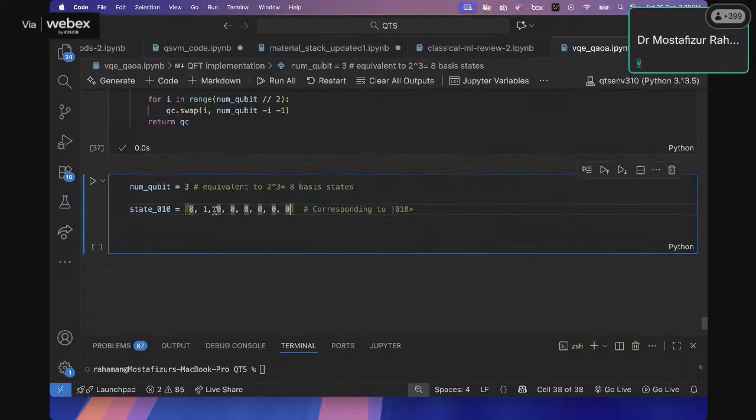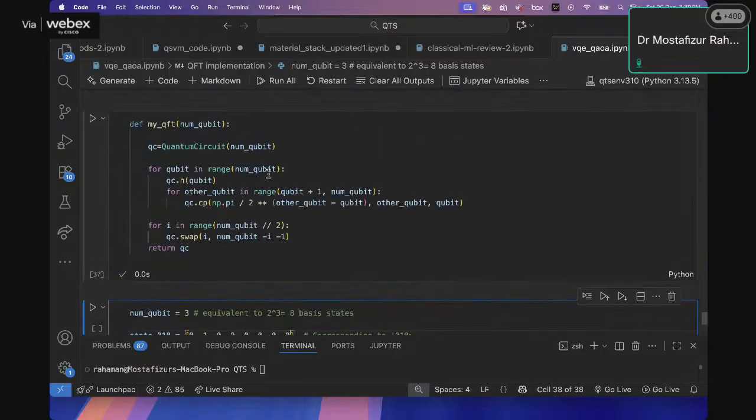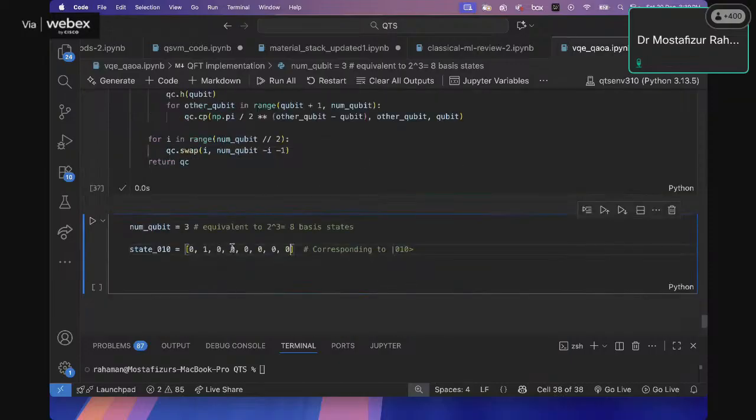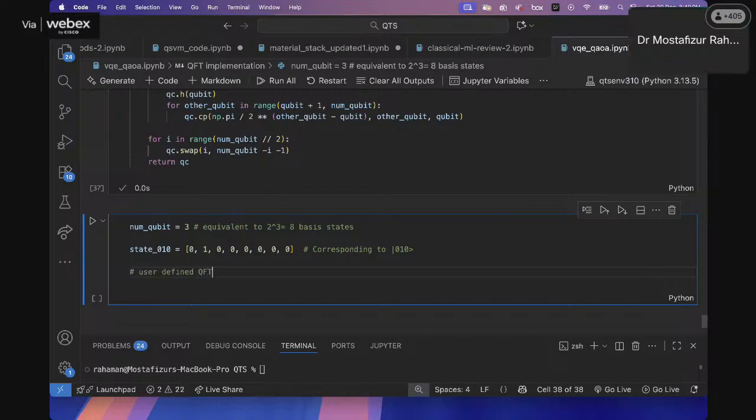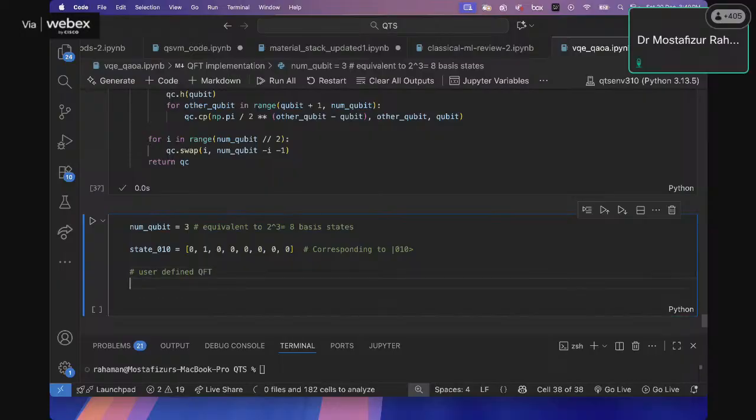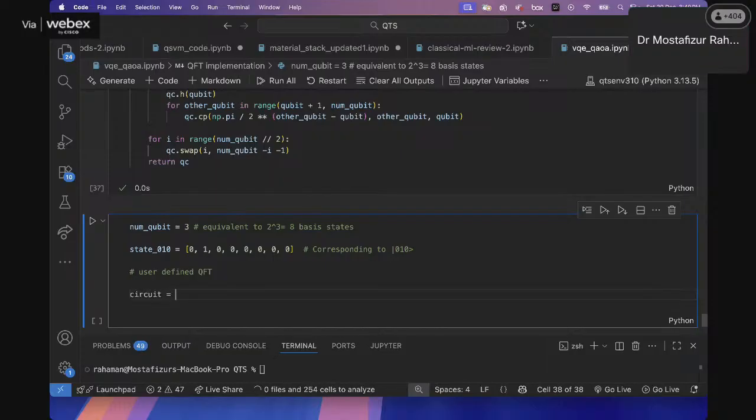Suppose this is my state and I want to apply the quantum Fourier transform that we just designed here to this particular state, and we want to visualize what is happening. We just wrote our function, the user-defined QFT, and we'll apply this. Now our circuit is, my QFT was our function.